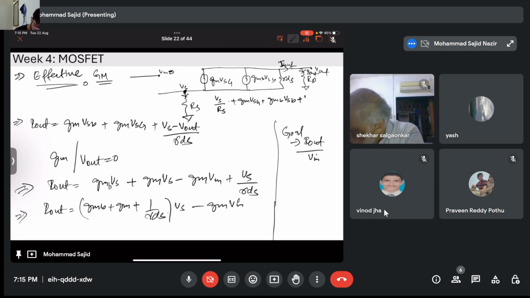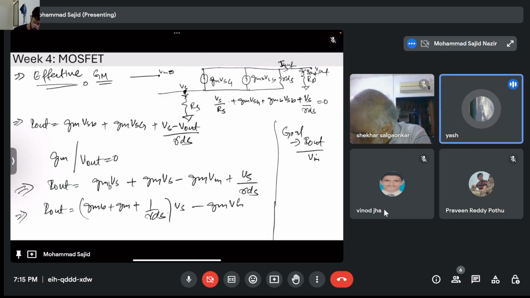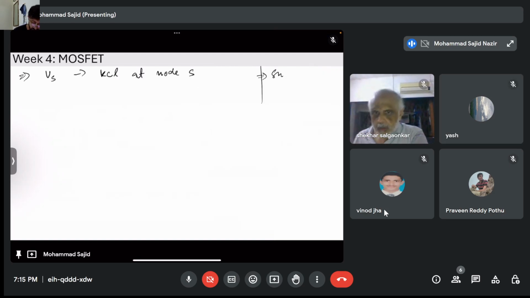Vs minus V out is 0, so it will be simply Vs by Rds equal to 0, right? So for calculating Gm, we keep V out as zero. Yes, that's the condition. So this is called the short circuit transconductance.